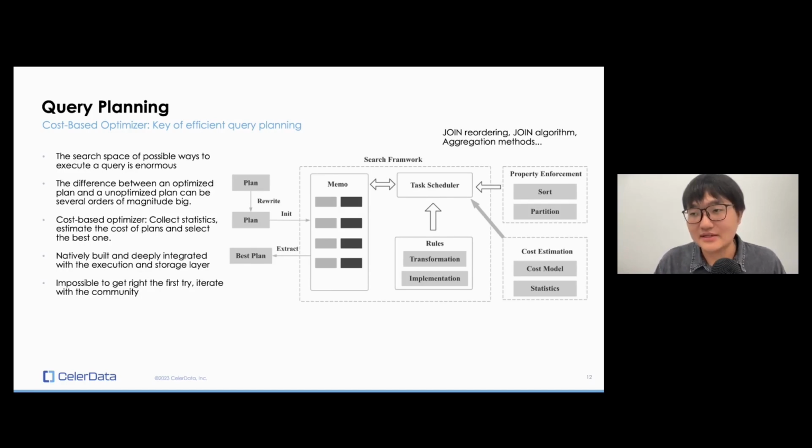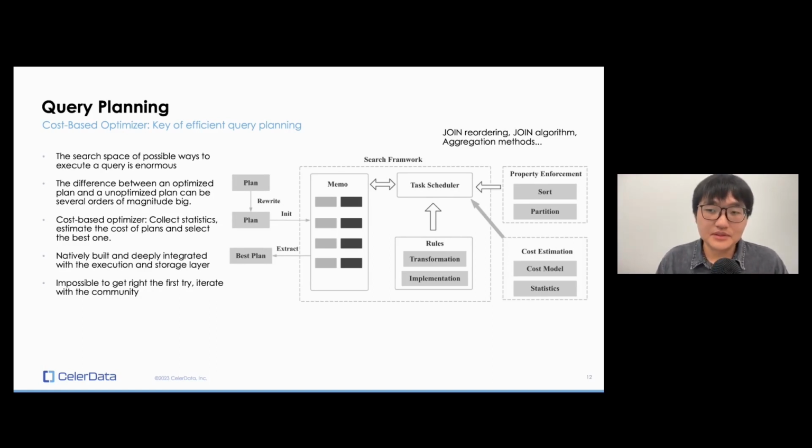And the statistics collected are like min, max, percentage of null, and how big the rows are, and those kinds of statistics, right? And this is proven to be a much more efficient way, although a lot more difficult to implement, of generating good query plans, right?